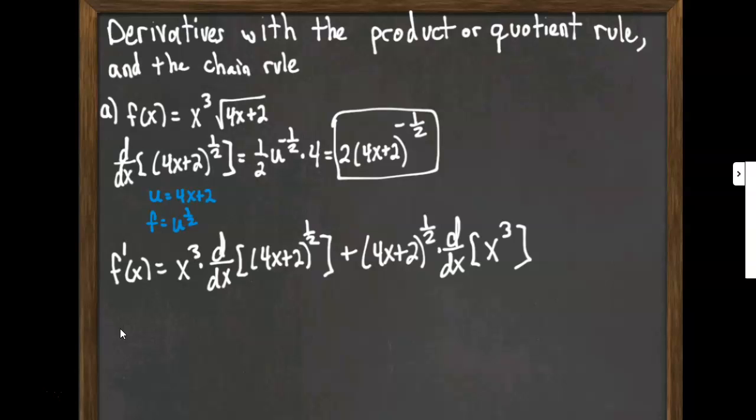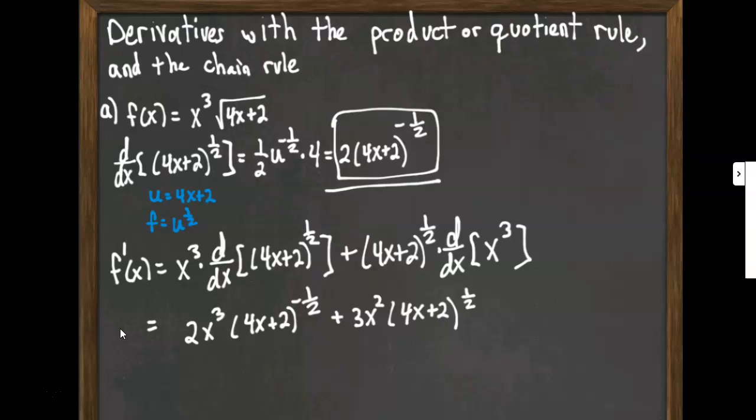That'll be x cubed times the stuff we have there. So that will be 2x cubed times 4x plus 2 to the negative 1/2, plus, and then the derivative of x cubed is 3x squared. I'm going to put that in front, and then 4x plus 2 to the 1/2.